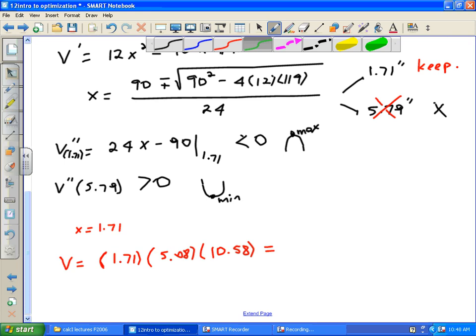So we did a little bit better, 91.9, roughly 92 cubic inches. So the dimensions are these, and if you're cutting from the corners of that sheet of paper, the maximum volume you can create is 91.9 cubic inches.